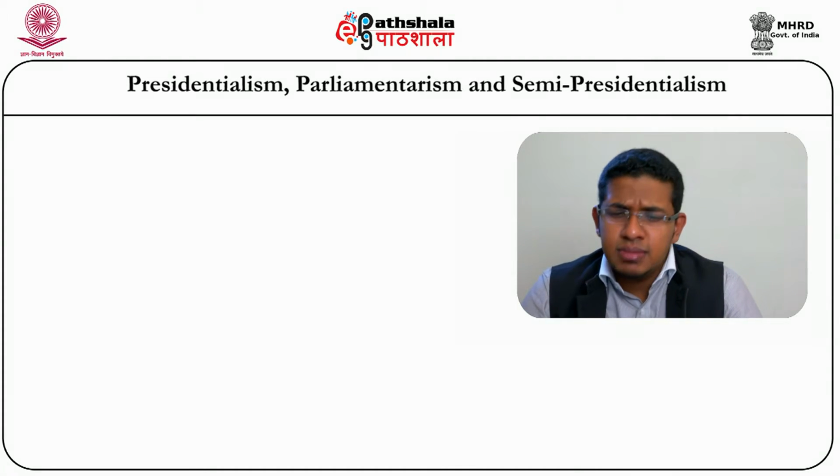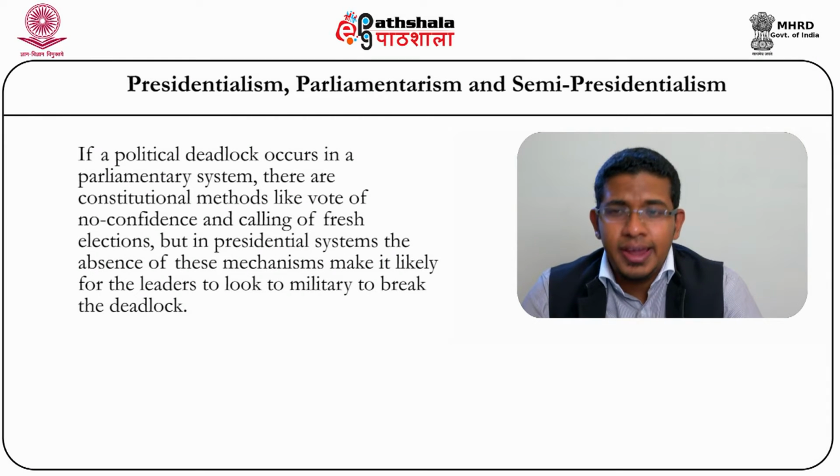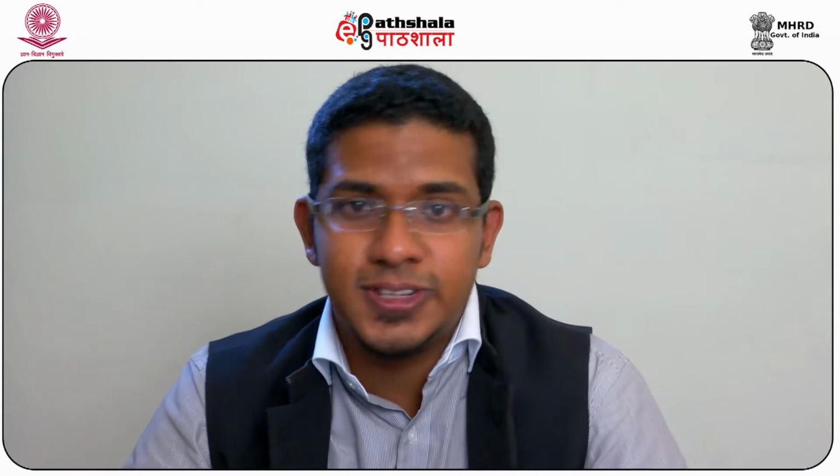And when there are deadlocks, it's very hard to get out of conflicts. This means that serious conflicts are very hard to resolve in presidential systems. And often the president makes use of the military, and sometimes even suspends the legislature, to get absolute power and exercise absolute power in his country.